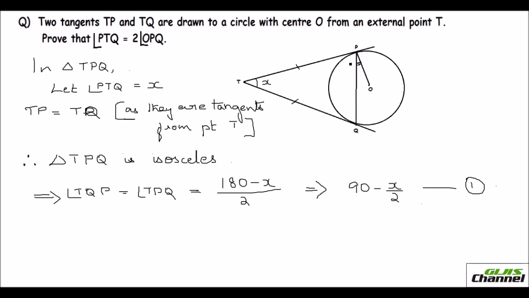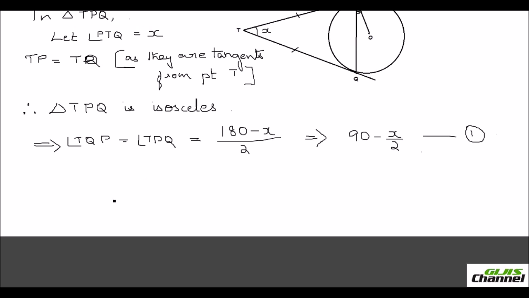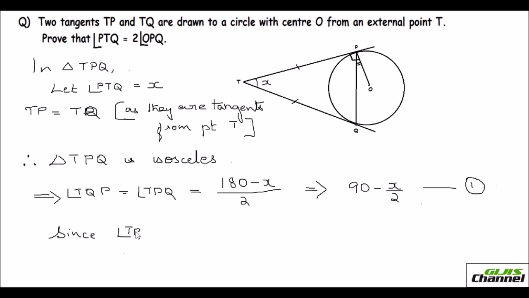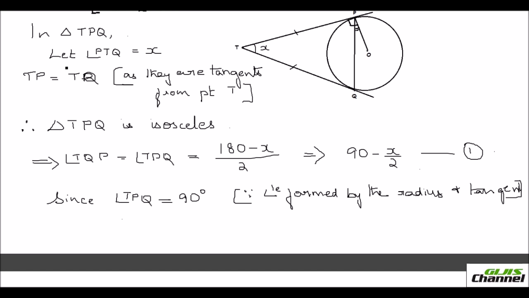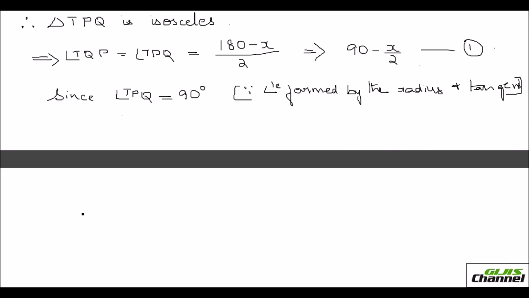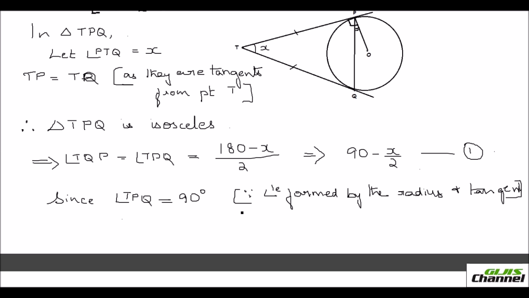Next, angle TPO is a right angle, because it is the angle formed when a tangent and the radius meet, so it is 90 degrees. Angle OPQ, which is what we need to prove, should be equal to TPO minus TPQ.